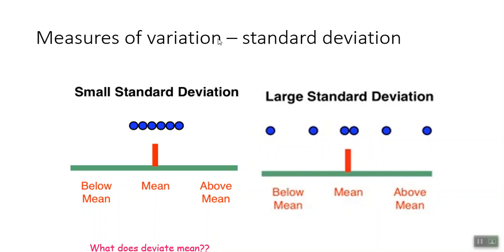So one measure of variation we can use is standard deviation. Okay, so we want to look at how the data is deviating from the mean. So if we have a small standard deviation, that's good. We like to see that. That means that the data doesn't deviate very much. We don't have those extreme scores, those outliers pulling our data, skewing our data.